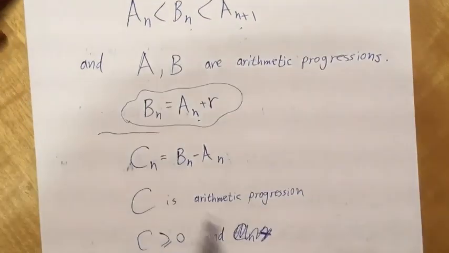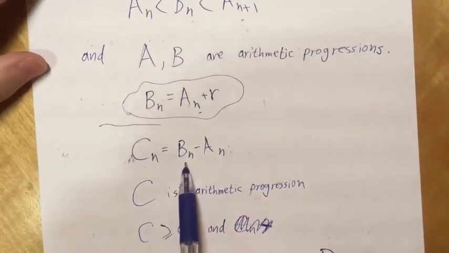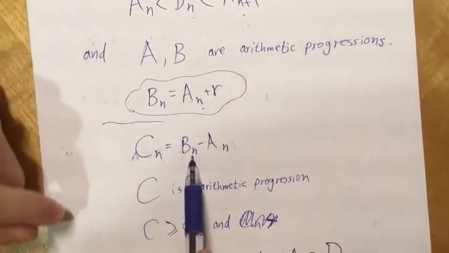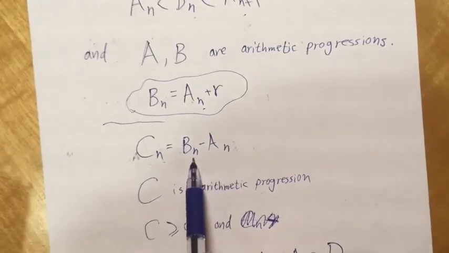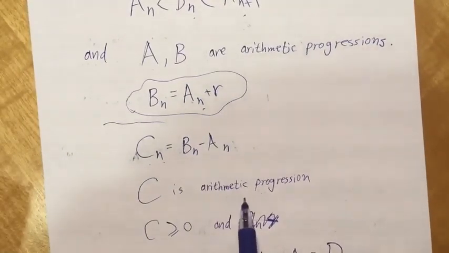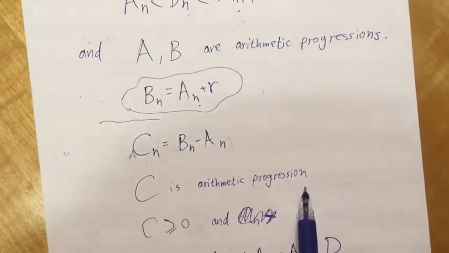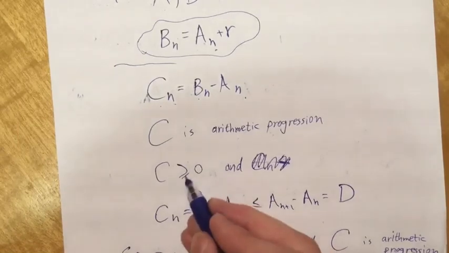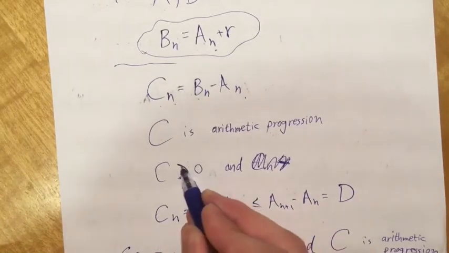Now, if you consider the sequence Cn equals Bn minus An, this is the difference between the two arithmetic progressions A and B. Therefore, C itself is an arithmetic progression. Now, since Bn is bigger than An, we know that C is strictly bigger than 0.